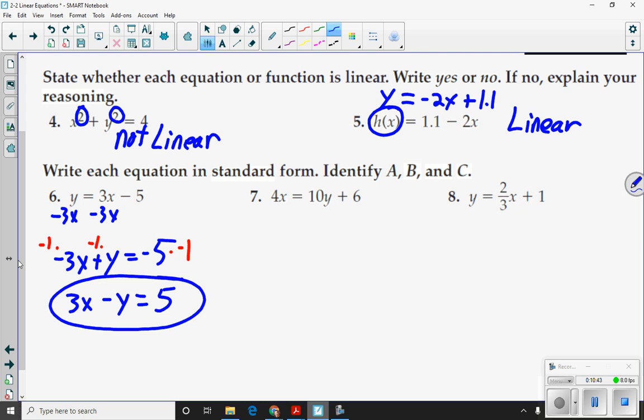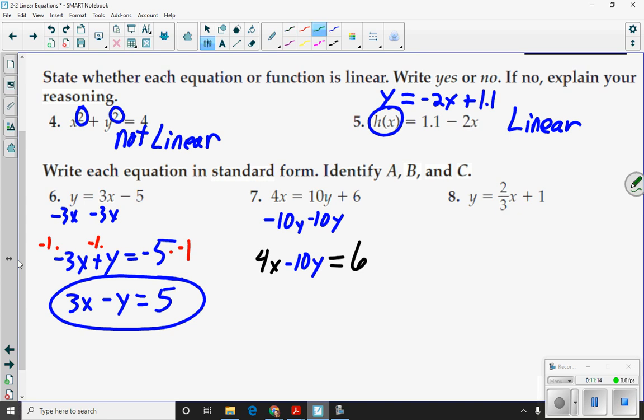Okay? So let's just take a look at number 7 here real quick. Not quite in standard form. I've got the 4x on the left. I need the 10y next to it. So let's minus 10y to both sides. And what is 4x minus 10y? Well, it's 4x minus 10y. Isn't that funny how that sounds? Okay, so the 6 is still there. Now, this looks like standard form, but it is not because of multiples.